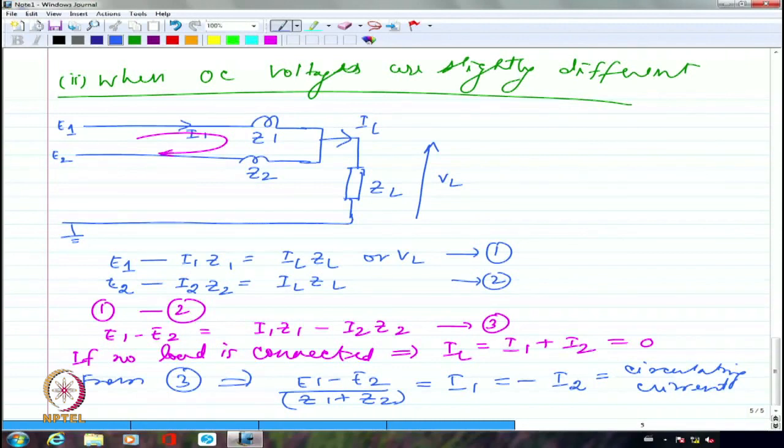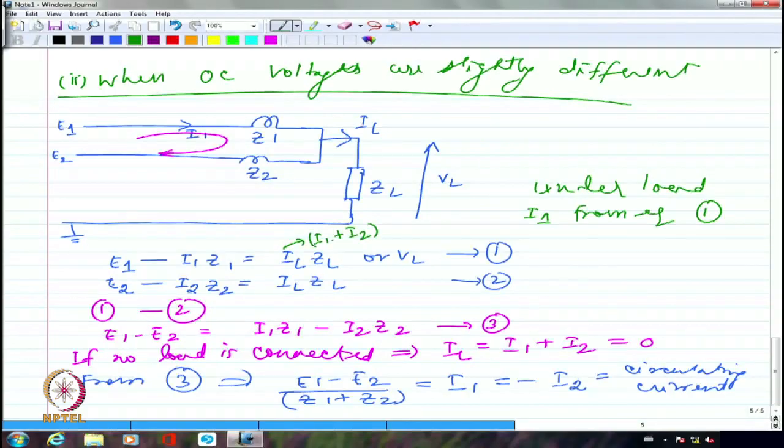Now, under load condition, I should be able to write what is actually I1 from equation 1, right? Because IL I can substitute as I1 plus I2. So E1 minus I1 Z1 is equal to I1 plus I2 multiplied by ZL. So I should be able to write the expression for I1.